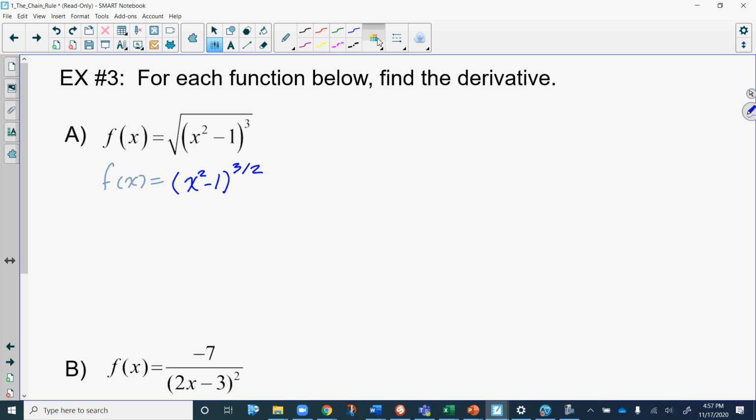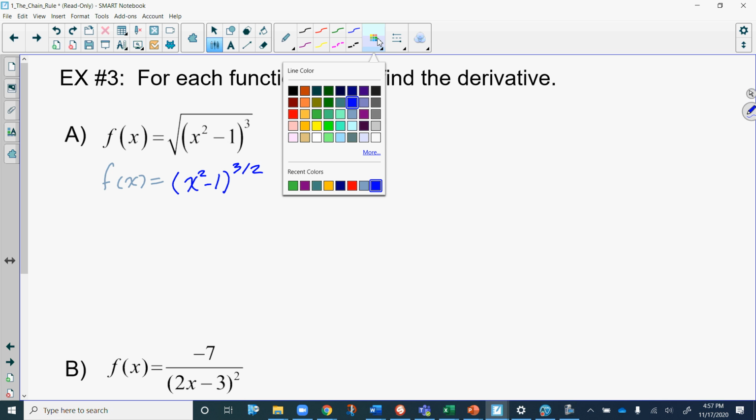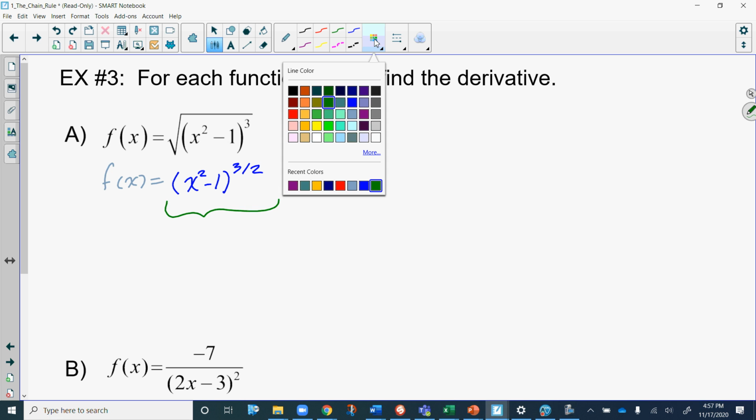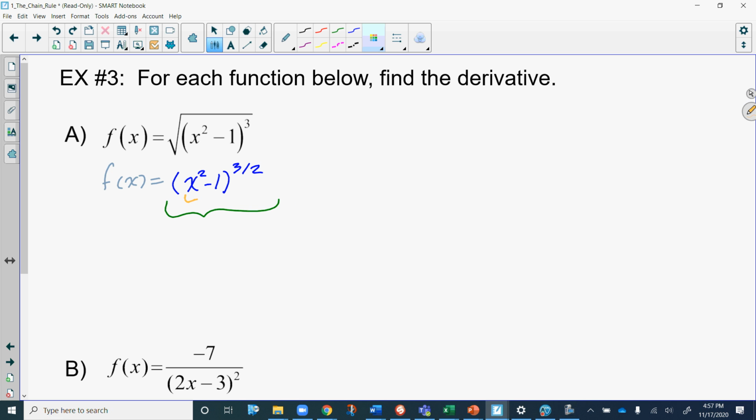So the derivative of the whole thing, let's do that one in green, we'll just use our power rule here on that whole expression. And I will then take the derivative of the inside, which is just going to be this bit here, and see what we end up with.